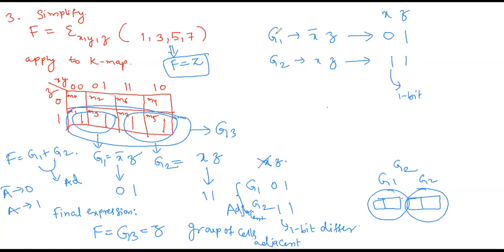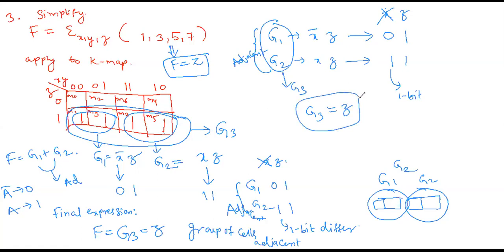So if 1 bit differs, we call the corresponding cells adjacent. G1, G2 are adjacent. And how do you write the expression? The expression of this combined group I am calling G3, and in the G3 expression, whichever is varying, strike off, and the remaining is Z. So our final expression F is equal to G3, that is equal to Z.